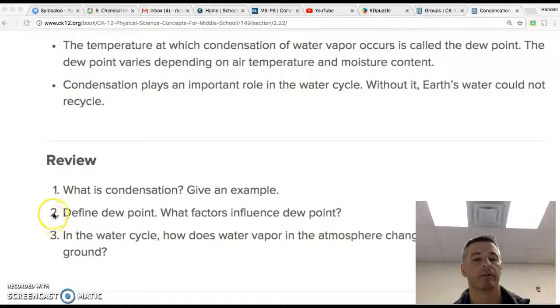Define dew point. Dew point is the temperature at which water vapor in the air condenses, meaning it turns to a liquid. Factors that influence dew point include the temperature of the air itself. We have much more humid air in the summer, so our dew point is generally higher in the summer.